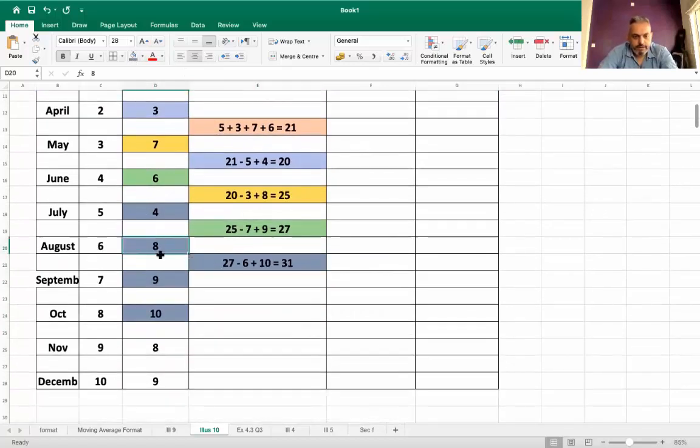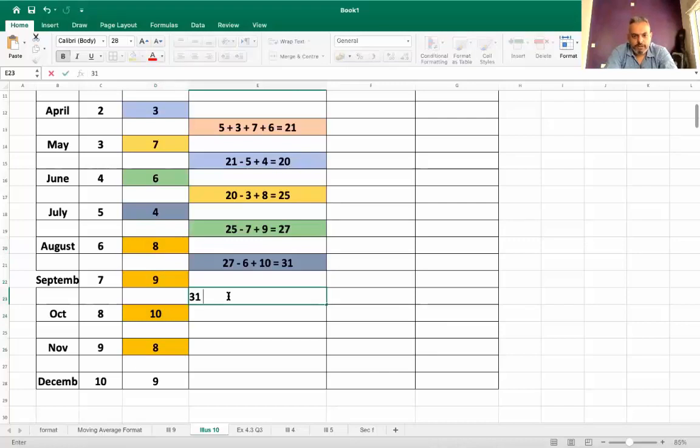Then 8 plus 9 plus 10 plus 8. Now again between 9 and 10, so 31 minus 4 plus 8, which is equal to 35.